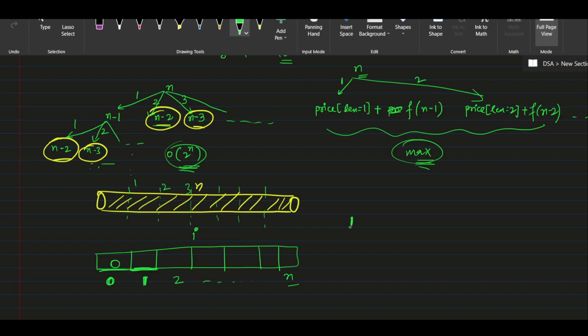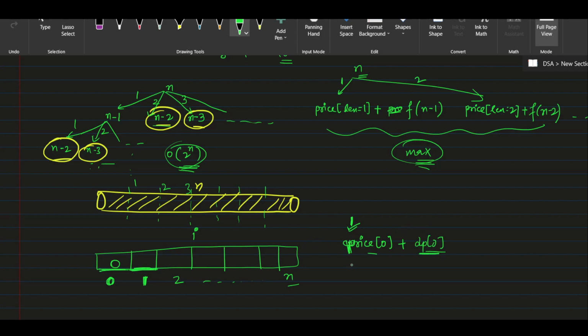Either I can make a profit without making any cut, or if I make a cut here, then the profit will be price of 0, that is the price of the rod of length 1, plus, when we subtract 1 minus 1, that is 0, the profit that we will get from the 0th length of the rod.